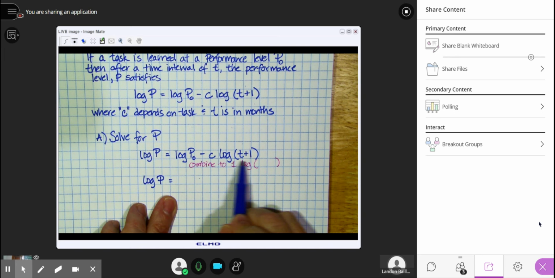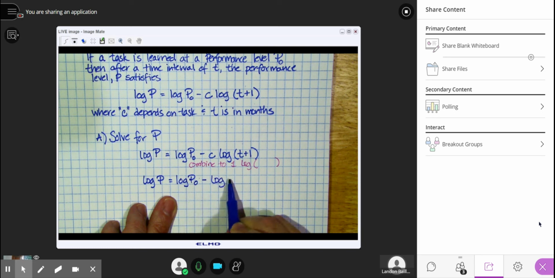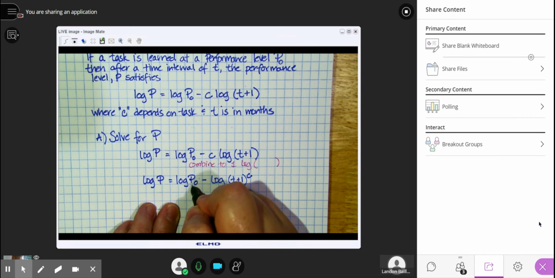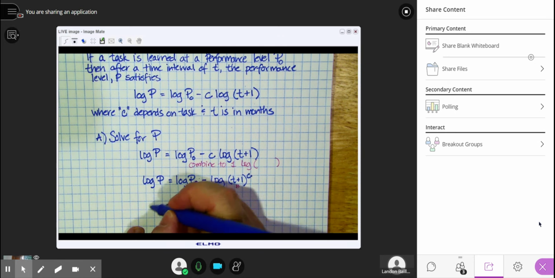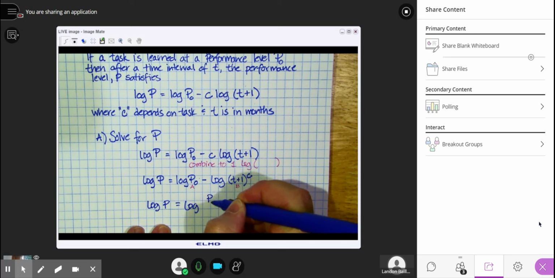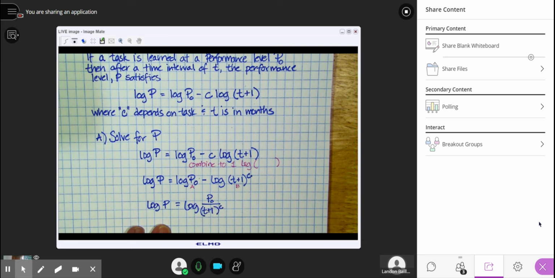So looking at this, the first thing I'm going to do is put this C up as an exponent. Now I see I have a log of some value A minus a log of some value B, and that minus tells me that I can do the log of P sub 0 over T plus 1 to the C power.